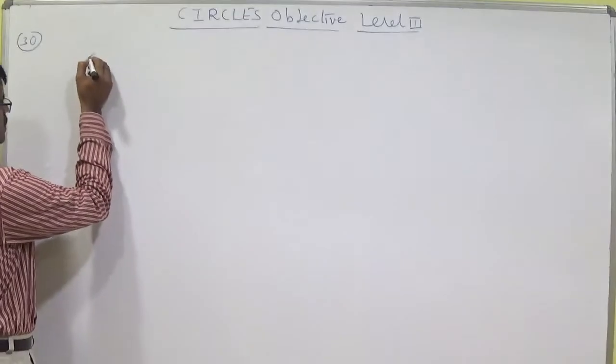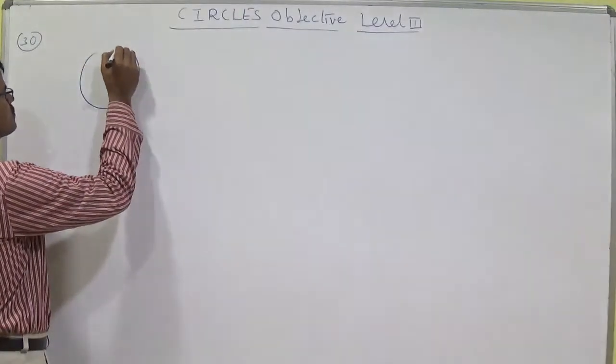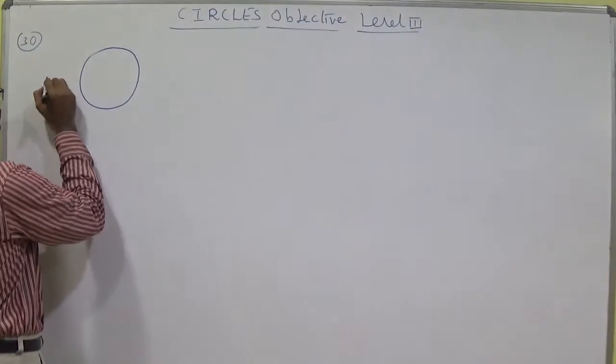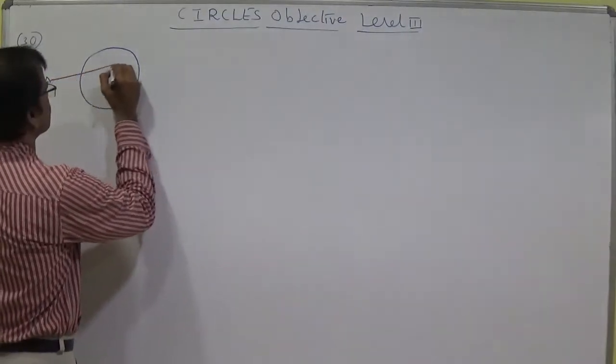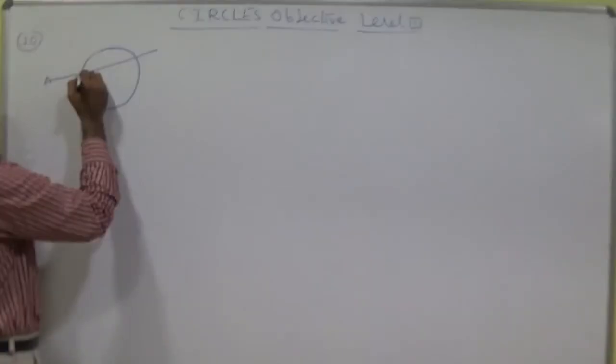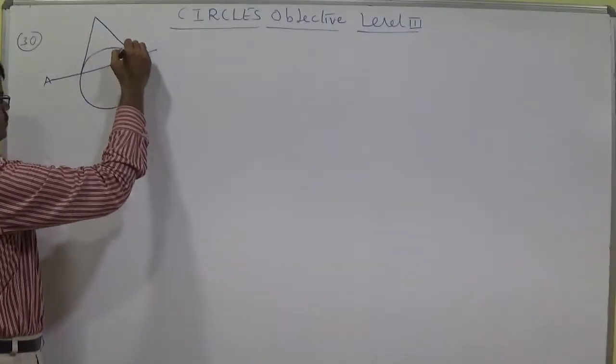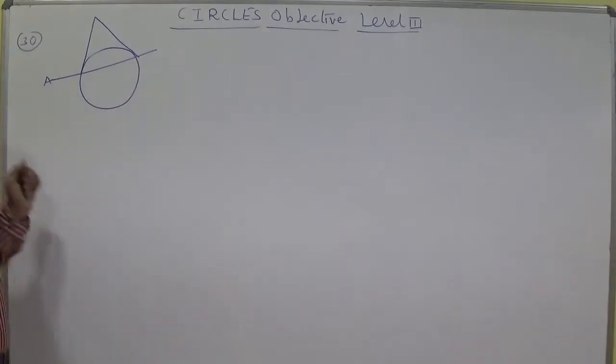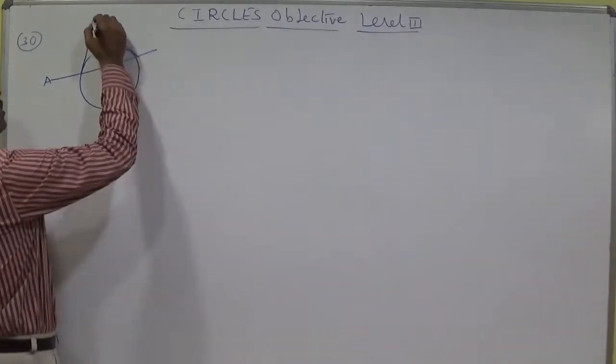Let us draw a circle. Put here A. The polar concept: the locus of points of intersection of tangents drawn at extremities of chord.